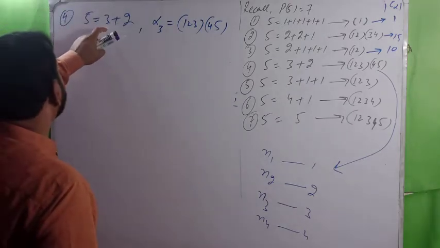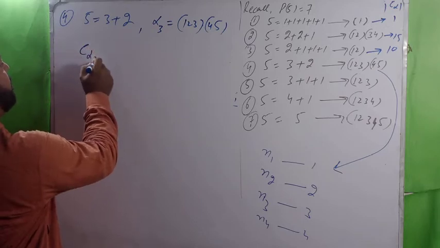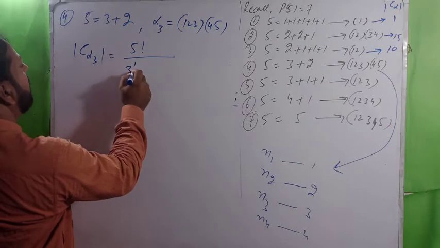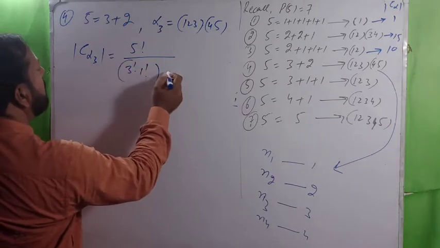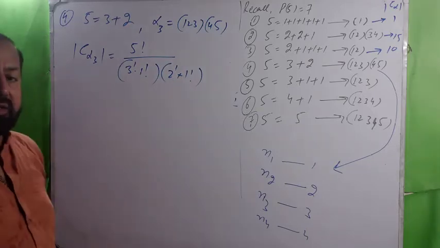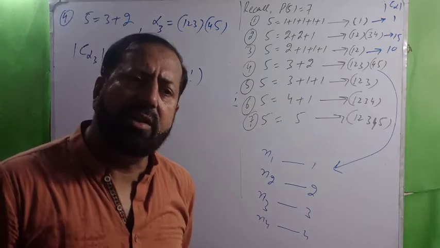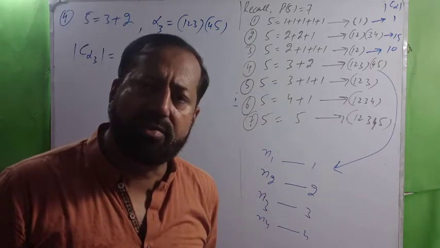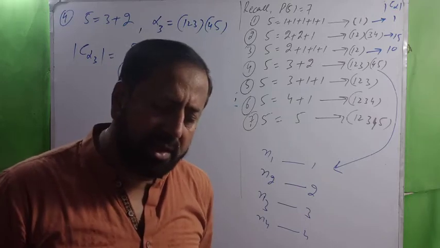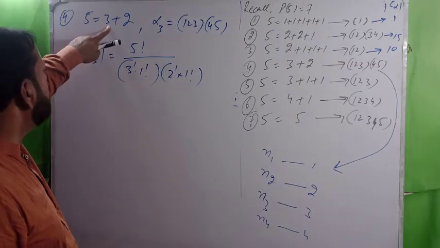So the size of C alpha 3 must be equal to 5 factorial over 3 power 1 into 1 factorial, into 2 power 1 into 1 factorial. Because ak is the size, that's why its size is 1.